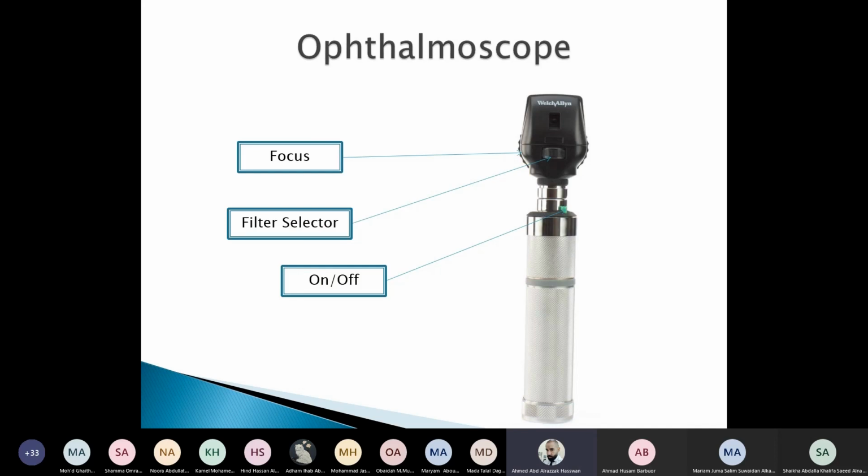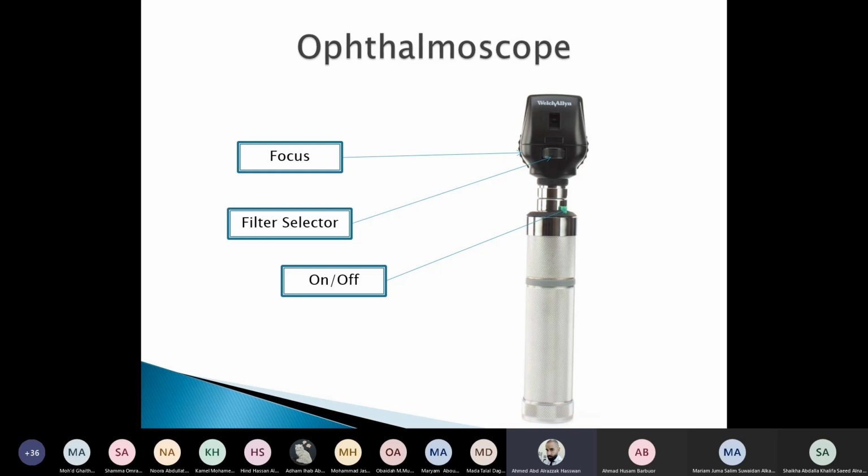The second controller is the focus, on the side. This focus will increase or decrease the clarity of the image, and we will explain that later on.